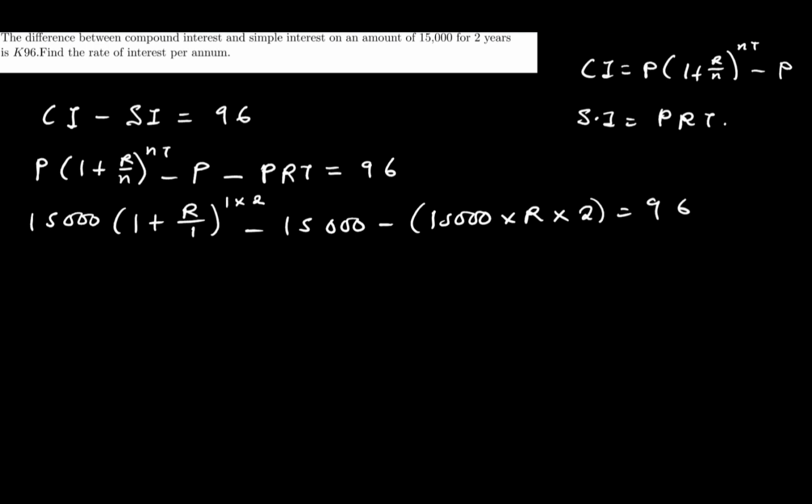If we do our computation right, we have 15,000 times 1 plus R to the power 2 minus 15,000 minus, if we say 15,000 times 2 times R, this will give us 30,000 R, being equal to 96.